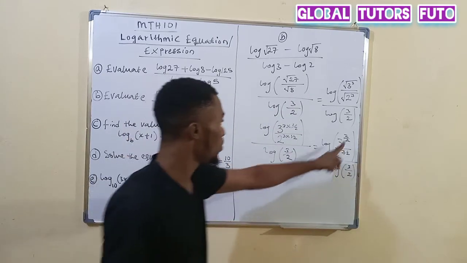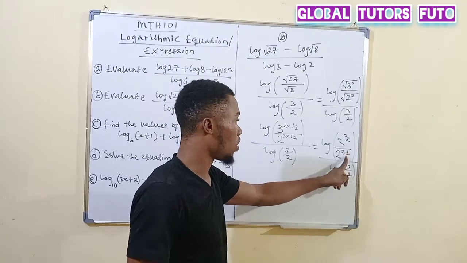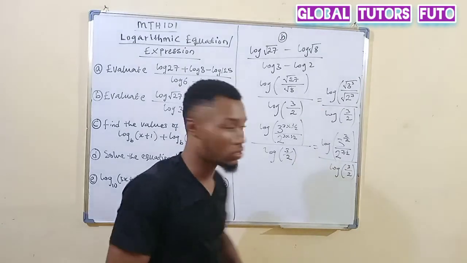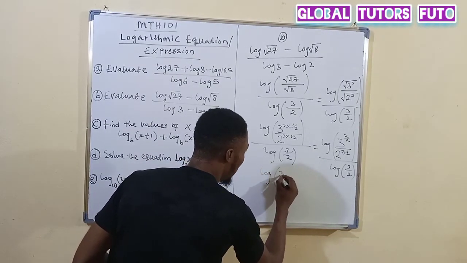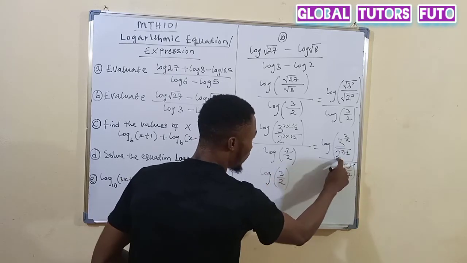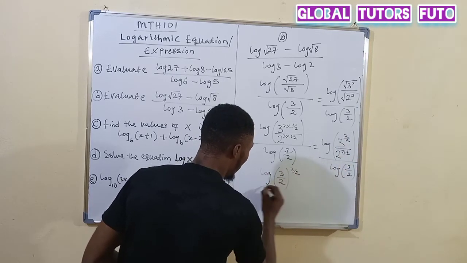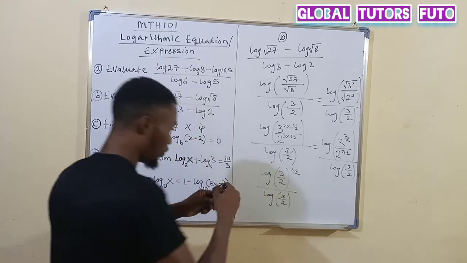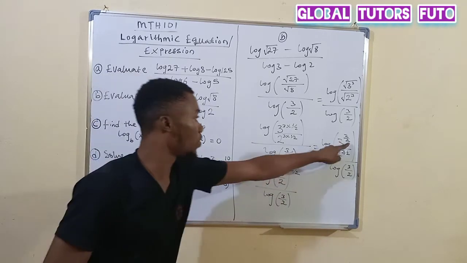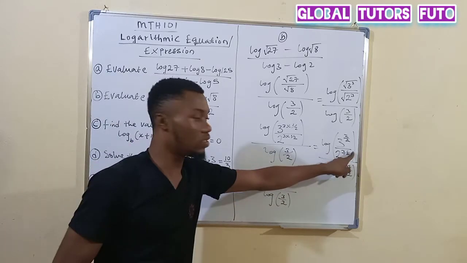As you can see, we have a power of 3 over 2 here, and a power of 3 over 2 here, so we can pull it out. So what we have now is log of 3 over 2 raised to power 3 over 2, over log 3 over 2. You know that 3 times 3 over 2 gives us this, and 2 raised to power this gives us this. You understand?